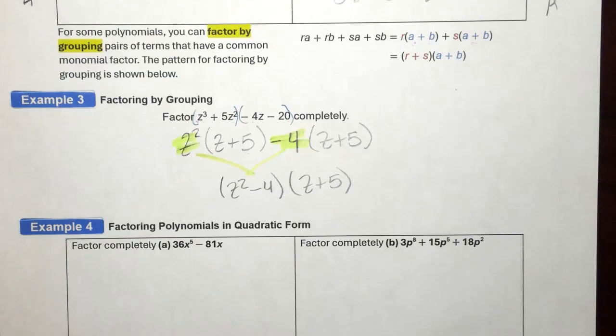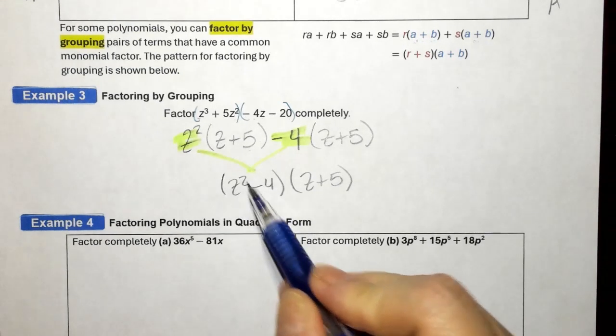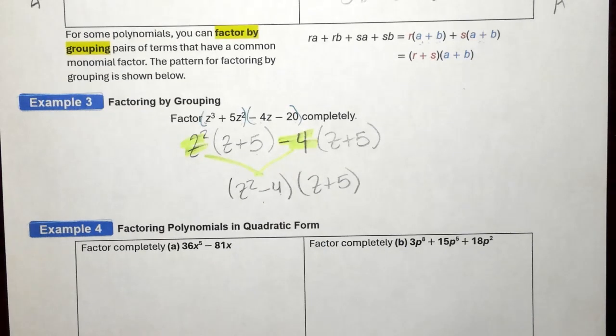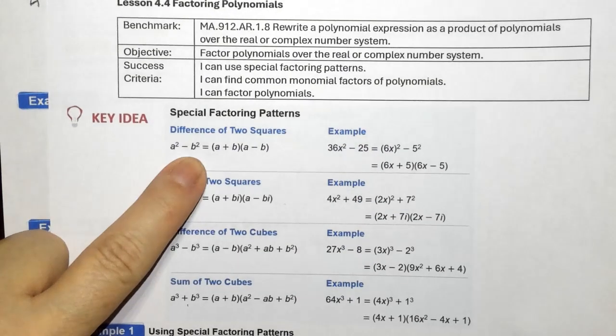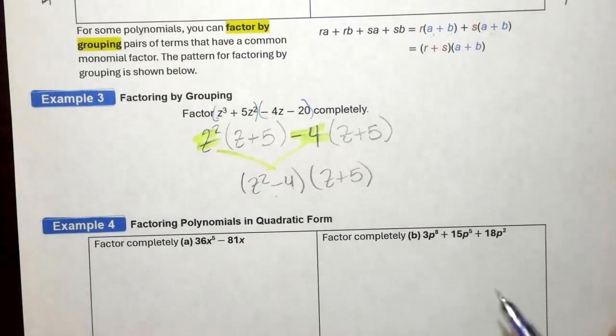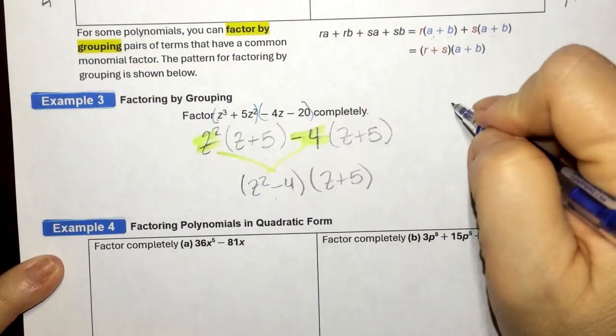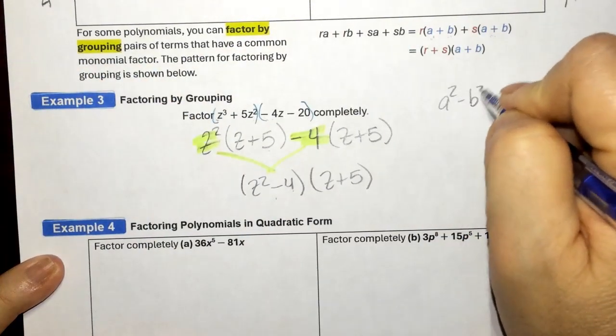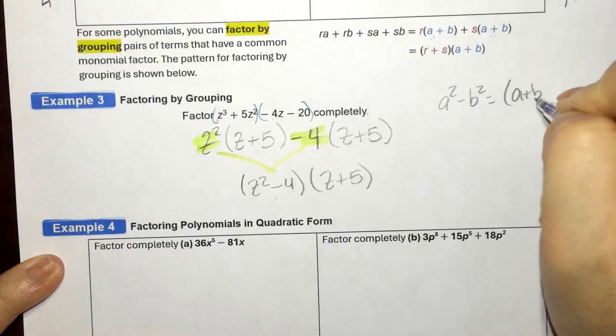All right, so we are factoring completely. So notice here, z squared minus 4. We can go back to that first lesson, and we have a difference of squares. So we need to factor that out. So remember, our difference of squares was a squared minus b squared equals a plus b times a minus b.